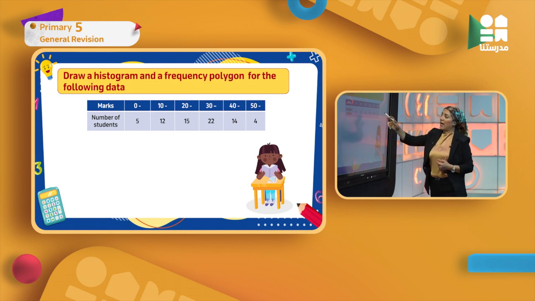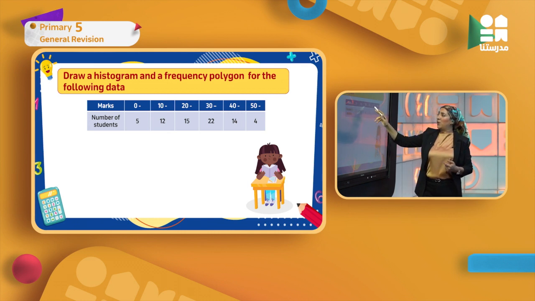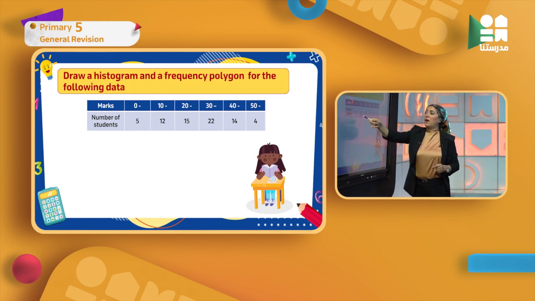So here I have intervals from 0 to 10, 10 to 20, 20 to 30, 30 to 40, 40 to 50, 50 to 60, and so on. And the number of students are 5, 12, 15, 22, 14, and 4. These are the number of students who have got the marks that are written in the top row.